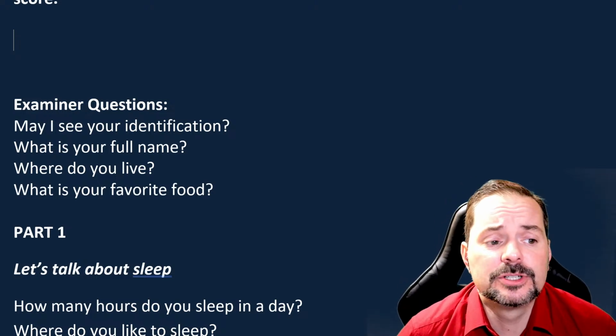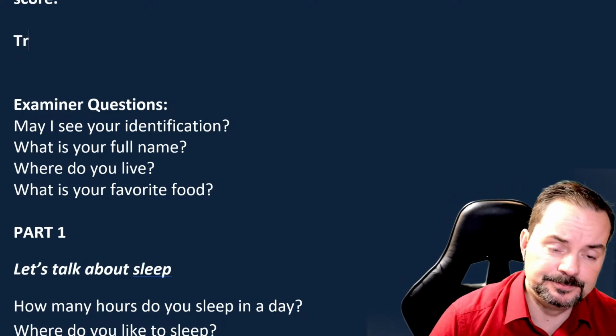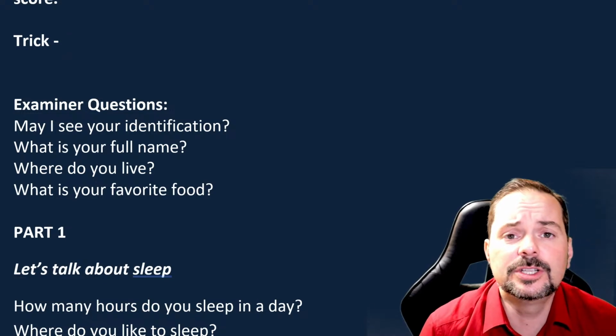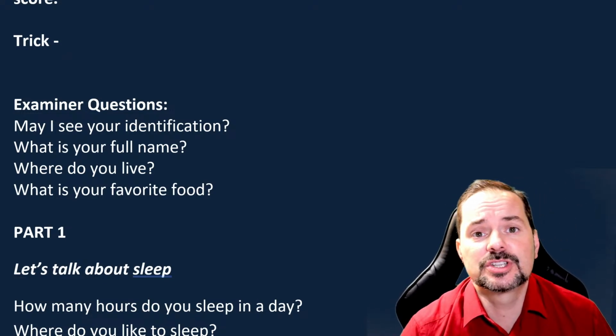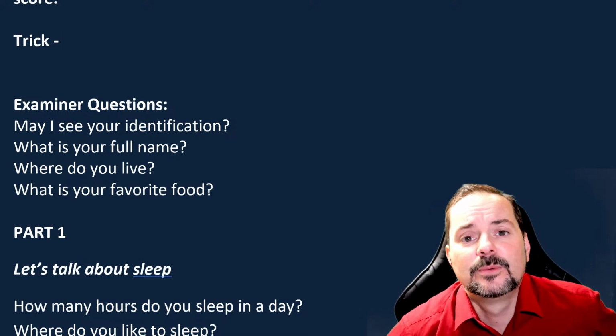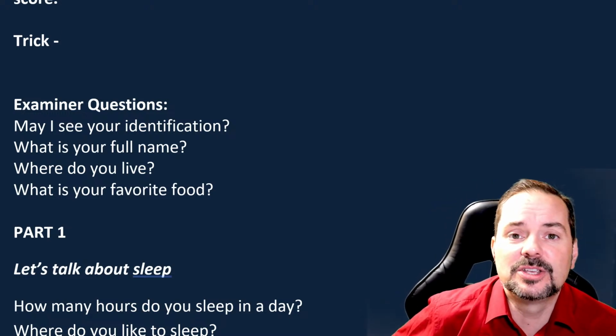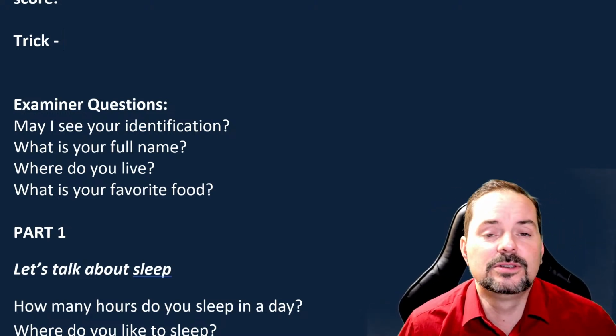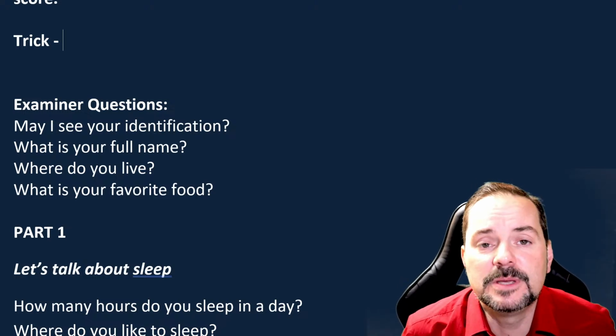Now, if you're feeling a bit nervous, one trick that you can use is to visualize that examiner. Just picture your grandfather or your grandmother, one of the grandparents that you really feel a good connection with. You feel that you're able to speak with them easily.